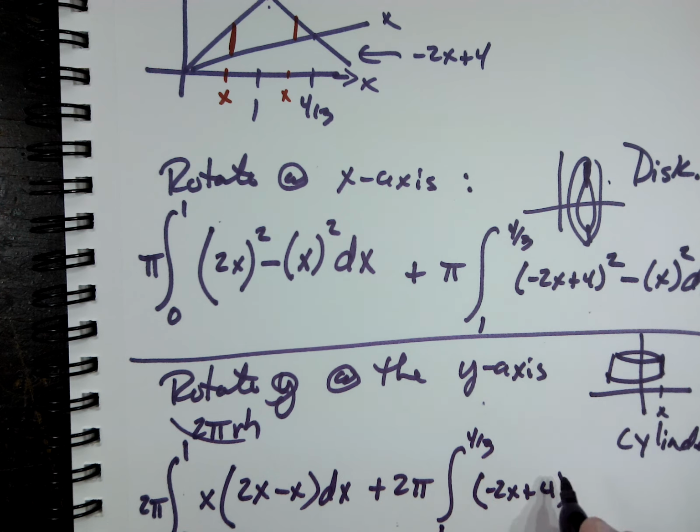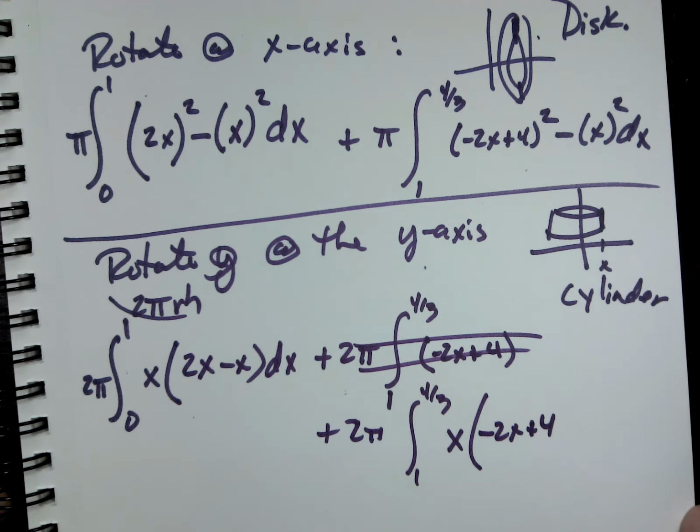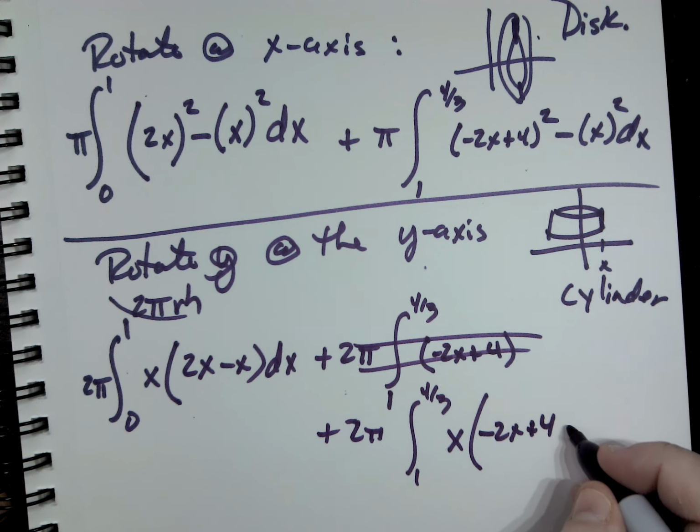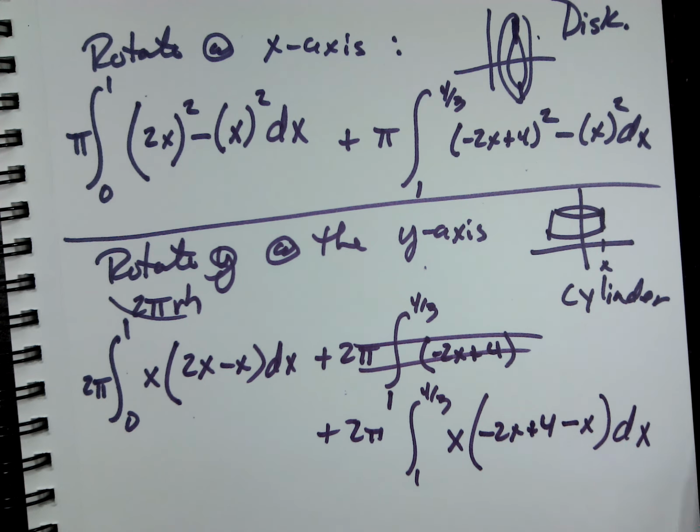Okay, 2 pi. And from 1 to 4/3, radius is still x. Now my height is negative 2x plus 4, and the bottom function is x. So that gives me the volume around the x-axis and the y-axis.